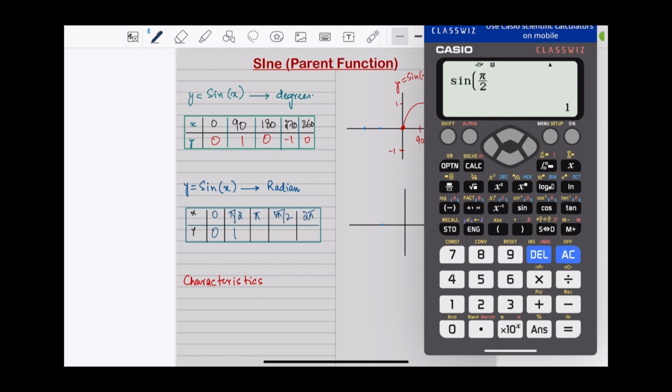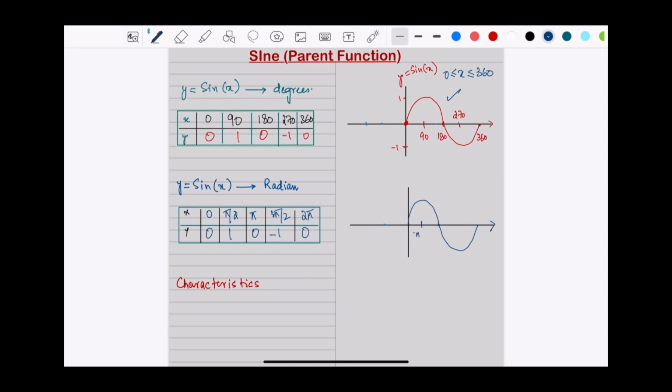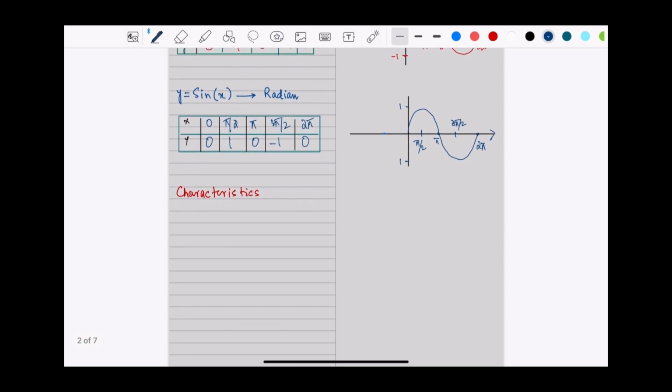And you can keep on plugging these values, you get the same values that I'm writing down here, and 0. So it's the same curve, but the unit of angle measurement is radians here. Instead of 90 degrees, you write pi over 2. This will become pi. This is 3 pi over 2 where the curve reaches -1, and this is 2 pi. 1 and -1. This is by default the basic sine parent function. Everything is just an extension of it.